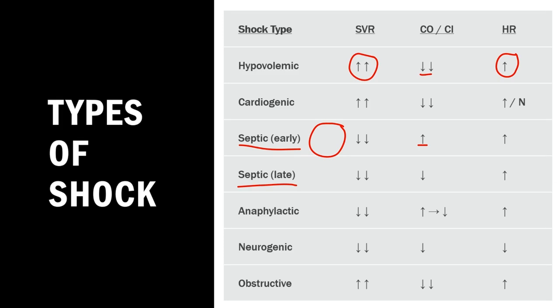It's just too big of a hose. So this is the really quick list just to show the different types of shock that all will result in a decrease in blood pressure, but they all need to be treated from a different perspective.